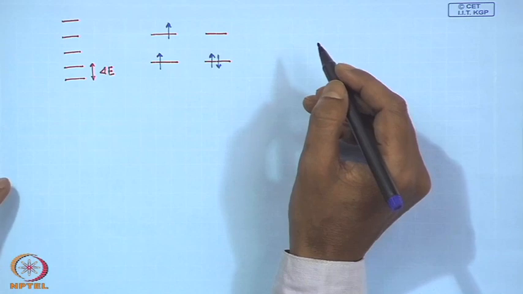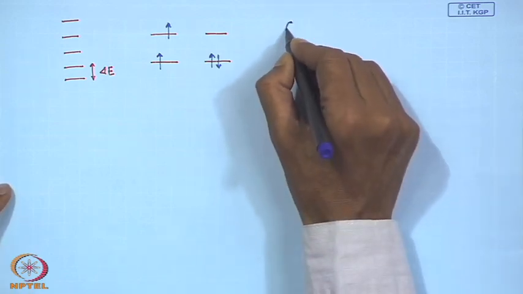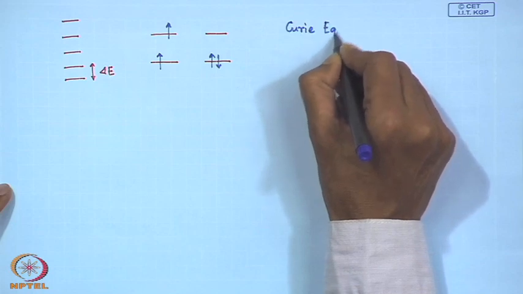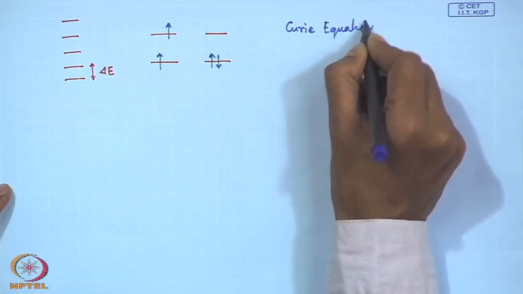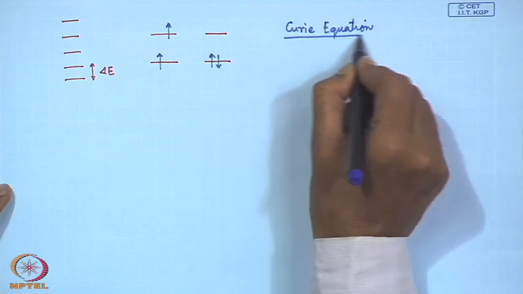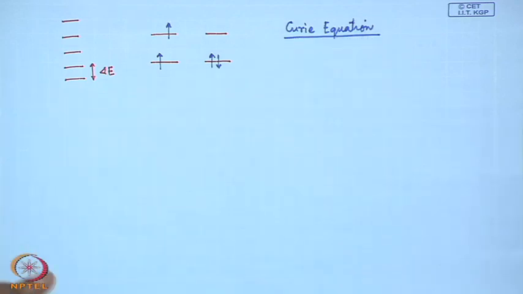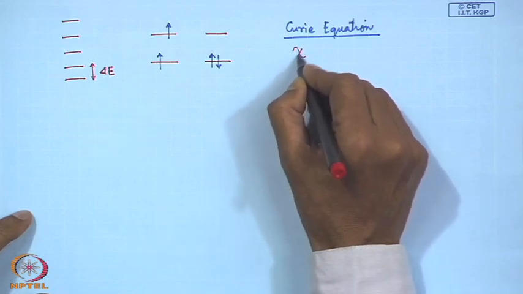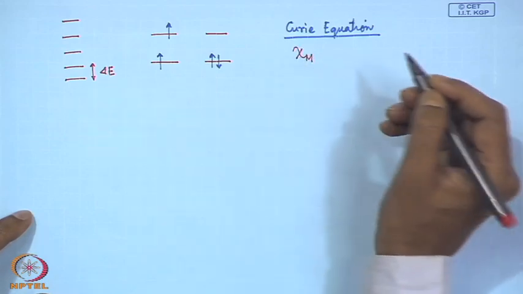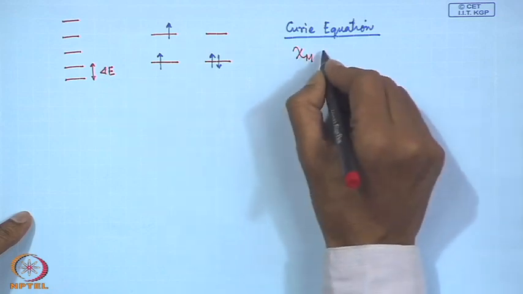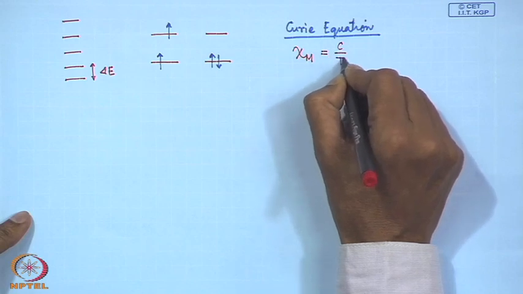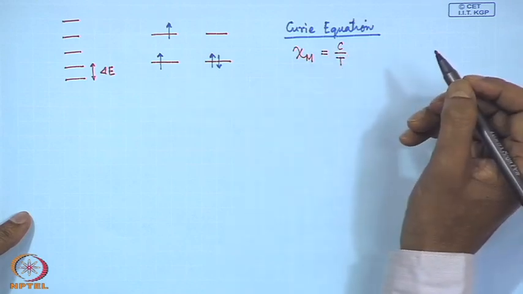So, from the very basic Curie equation, what we have seen, the Curie equation gives us the corresponding dependence of the susceptibility term, the molar susceptibility chi m, which is proportional to 1 by T, or is equal to C by T, where C is the Curie constant.